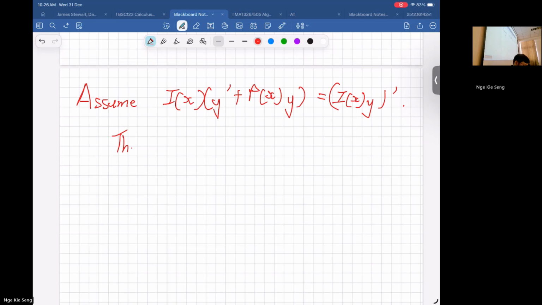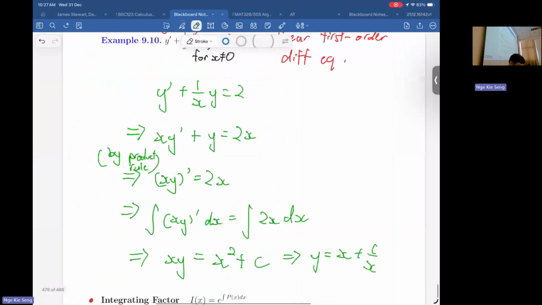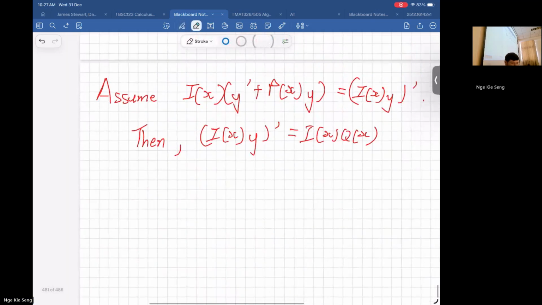Then we also know that this I(x) y prime here actually equals something in Q(x). Remember, just now I multiplied x across. This part here I write as the product rule on the left hand side, and the right hand side is Q multiplied by I(x).